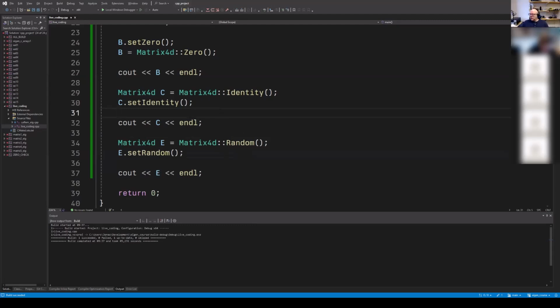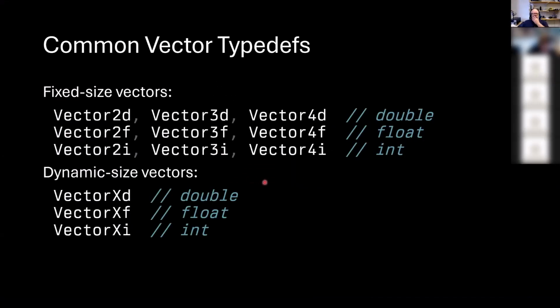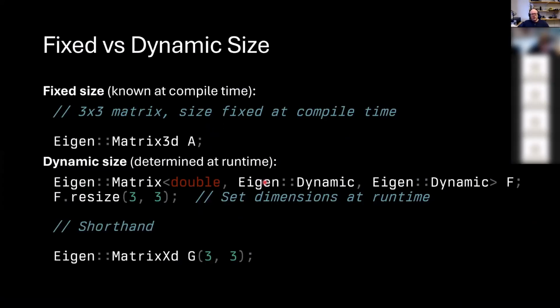So that was the first one. Up until now, let's go back to my PowerPoint. Up until now, I've been using fixed size arrays. And in many cases, you don't have the luxury of being able to set a fixed, compile-time size, so you need a dynamic sized array. And that can also be specified.